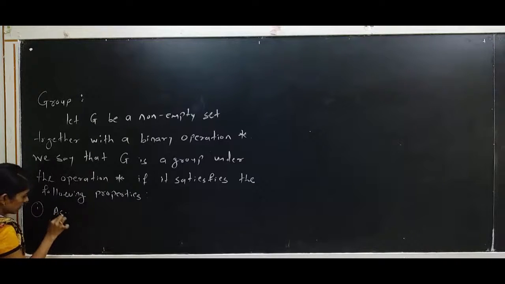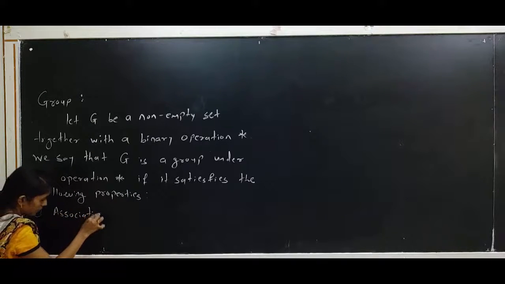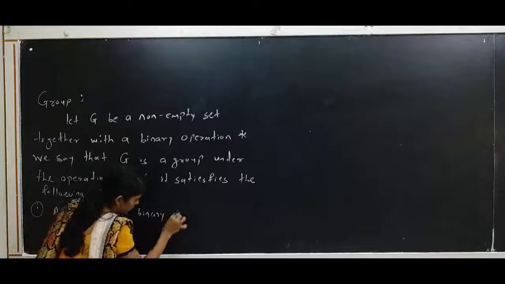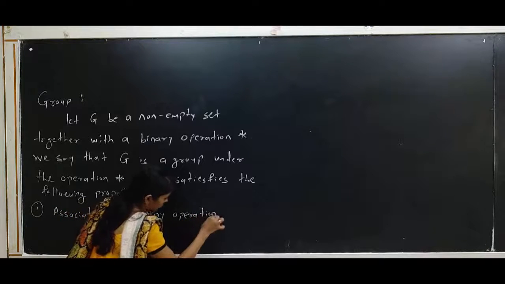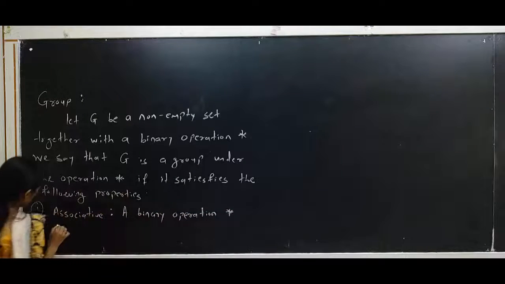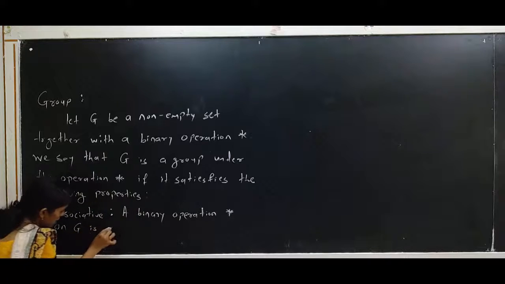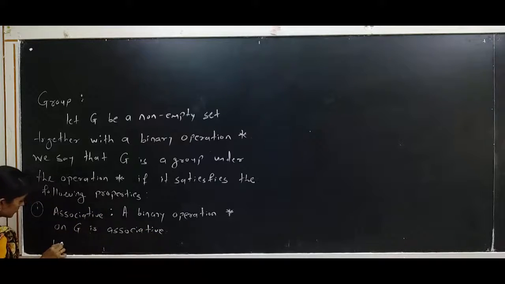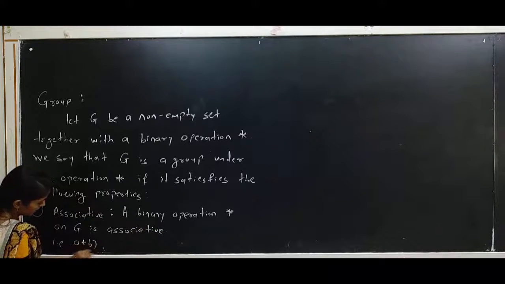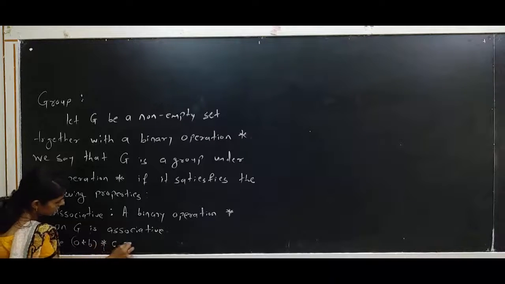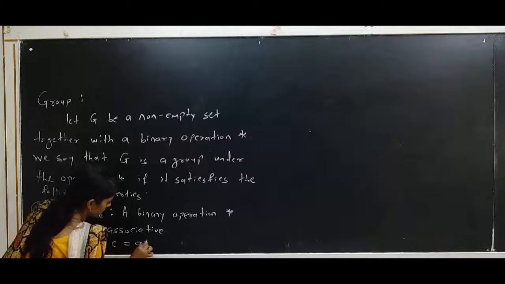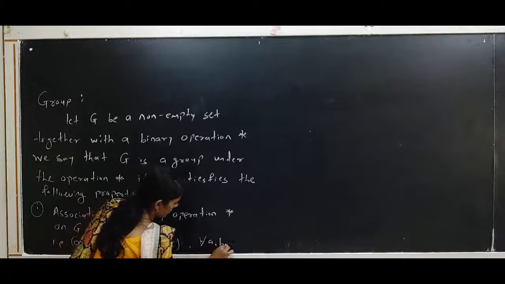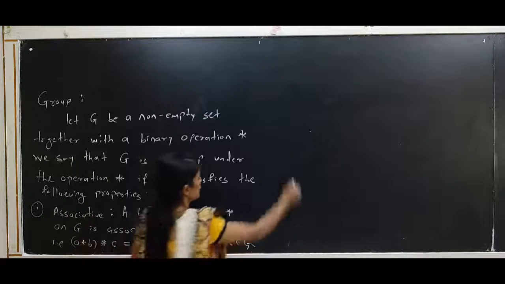First, associative. A binary operation star on G is associative. That is, (a star b) star c is equal to a star (b star c) for all a, b, c belonging to the set G.